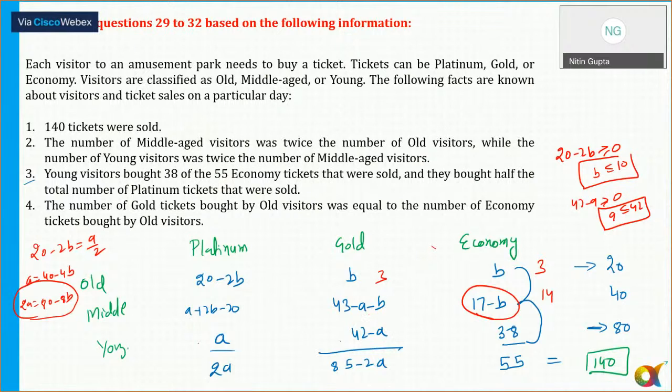I'm writing neatly now. B is equal to 3, so 20 minus 6 is equal to 14, and this is equal to 3. So 14 plus 3 plus 3 is 20. This is 14.